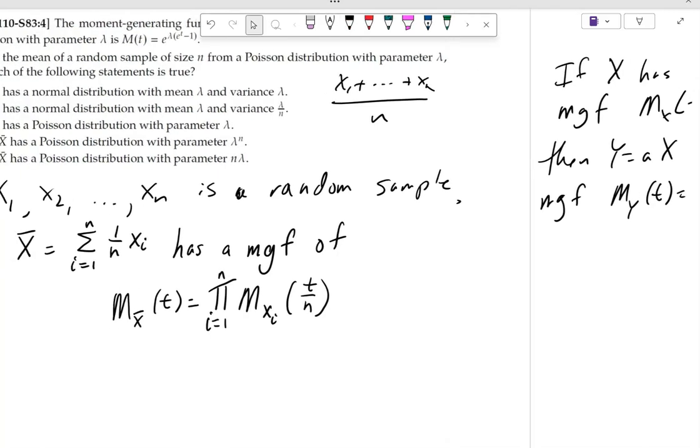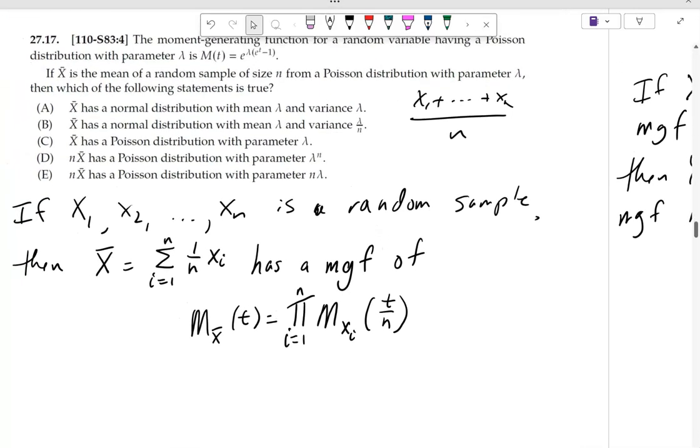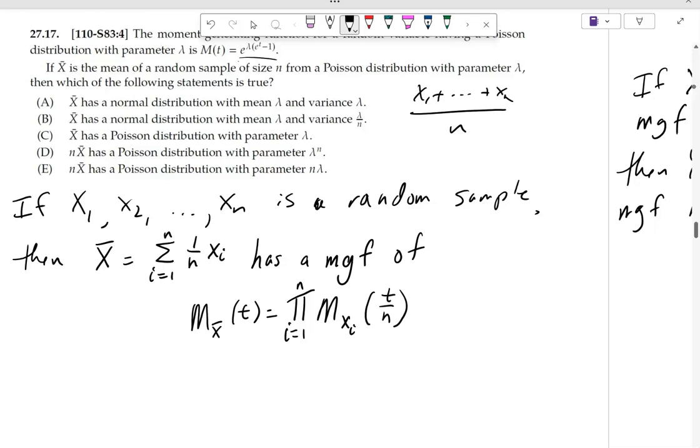All right, so let's go back over to what we have here. They remind you what the moment generating function is for a Poisson distribution. And now they ask, what's the distribution of the mean of a random sample from the Poisson distribution?